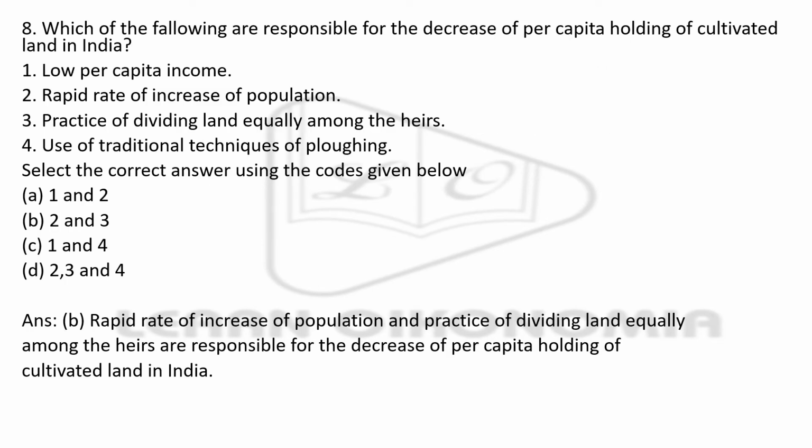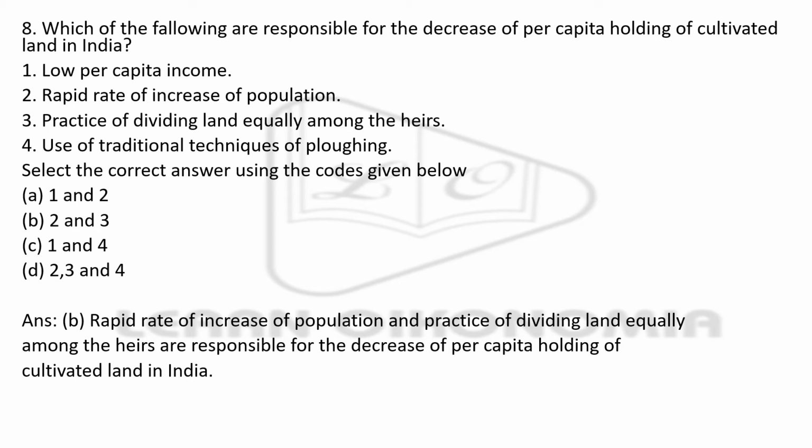Next question is with respect to per capita holding of cultivated land in India. The question is, which of the following are responsible for the decrease of the per capita holding of cultivated land in India? You are given certain reasons like low per capita income, rapid rate of increase in population, practice of dividing land equally among the successors, use of traditional techniques of ploughing.